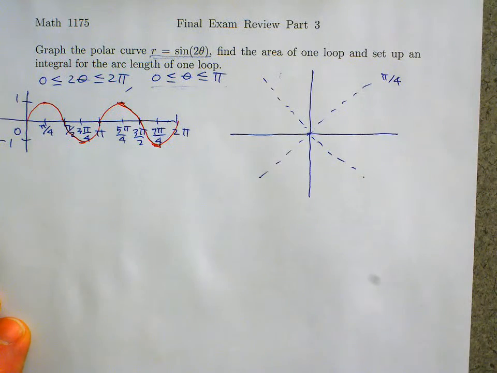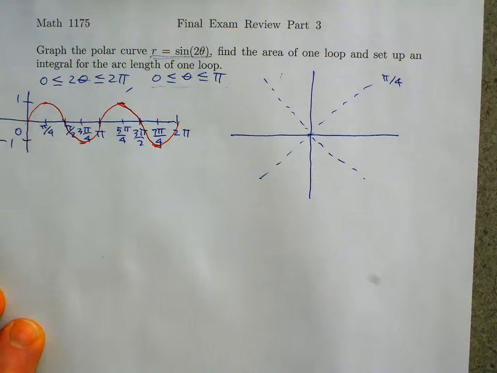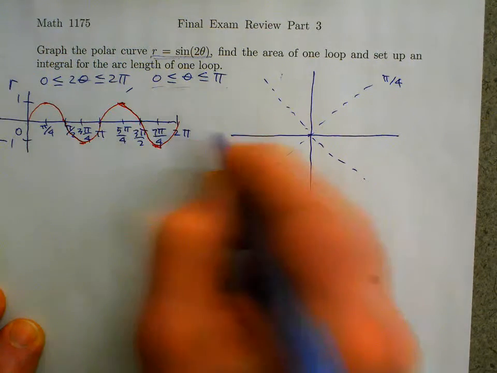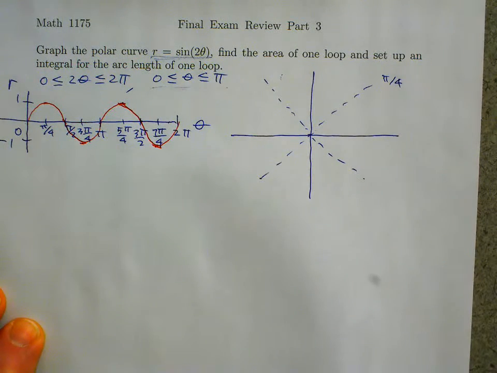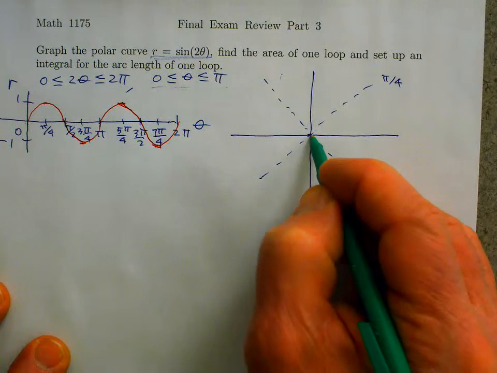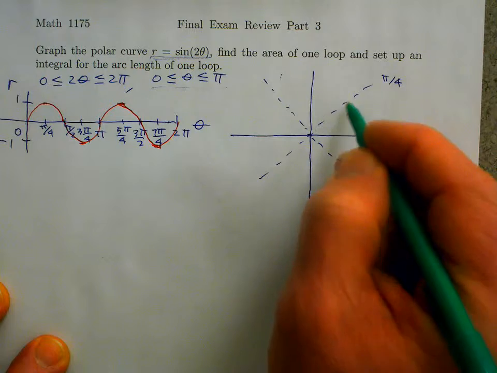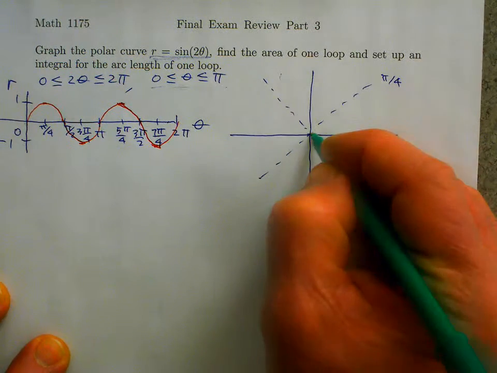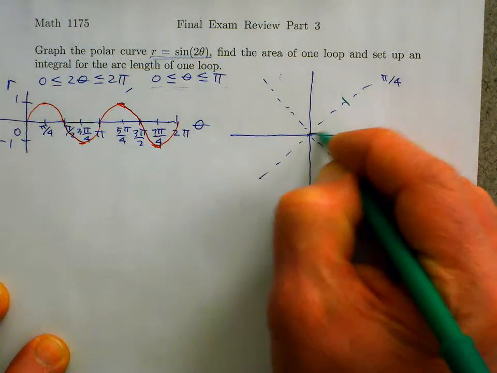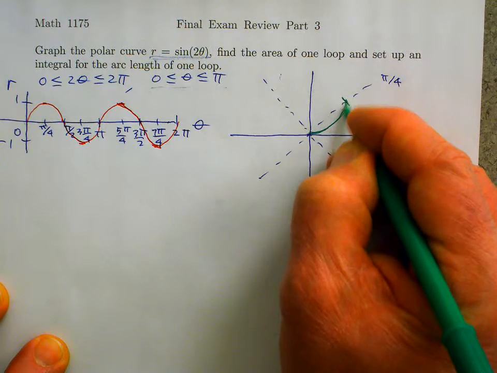So for the polar curve, this is the r value and theta value. When theta is 0, r is 0. By the time we get to pi over 4, the length of r is 1. So we get to this point, the first half of the first loop.